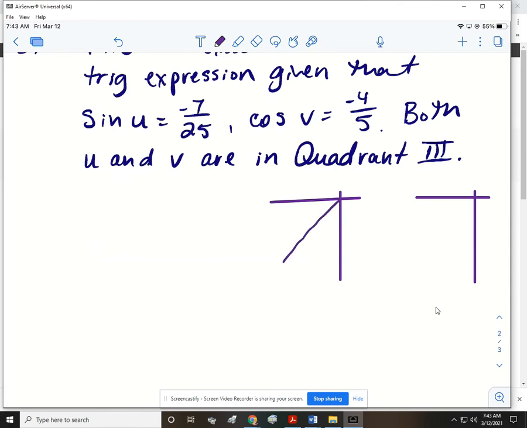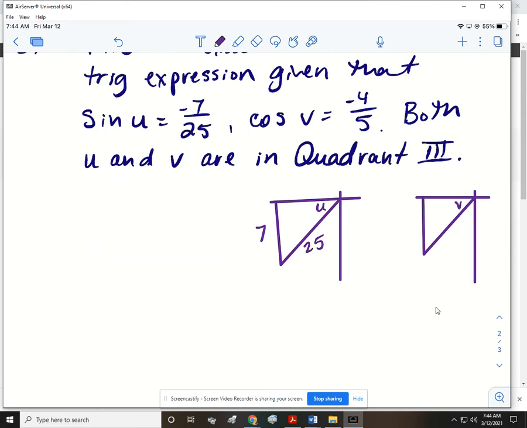And when you draw an angle out of quadrant 3, come out of the origin and then you go to the x-axis with your right angle. So we'll call this one u, we'll call this one v. And what we know about u is that the sine is -7/25. So that means the opposite is 7 and the hypotenuse is 25.